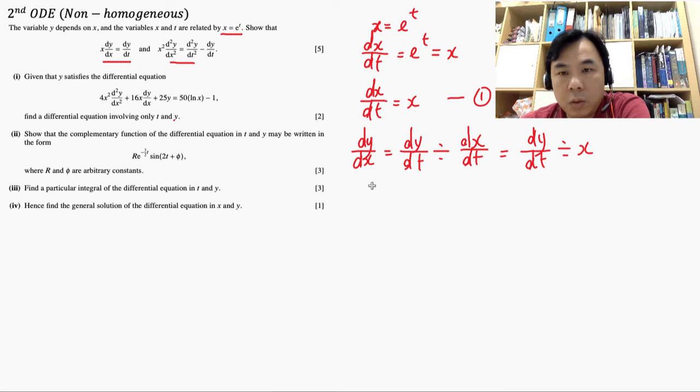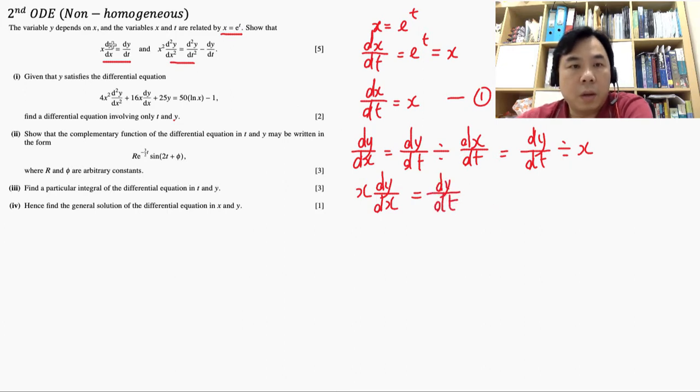Therefore, I can conclude that my x dy/dx is actually equal to dy/dt. Alright, now I have managed to prove the first order differential equation. Okay, this is what I have right now.